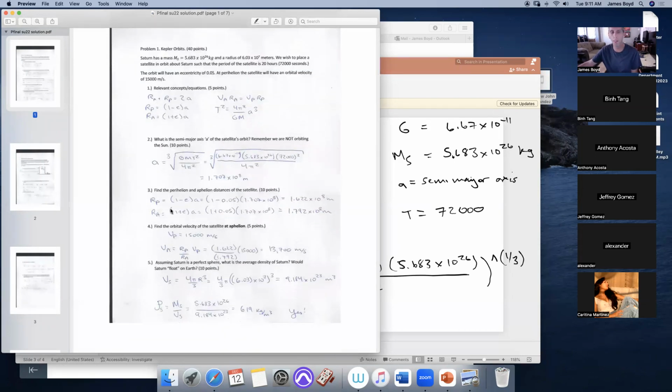The next thing we want to find is RP and RA. Since we know A and we know E here is 0.05, we can find RP and RA. Just plugging in those numbers: 1 minus 0.05 times 1.707 times 10 to the 8th, and 1 plus 0.05 times 1.707 times 10 to the 8th.